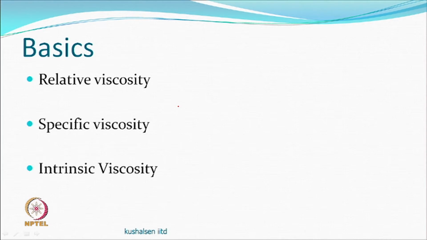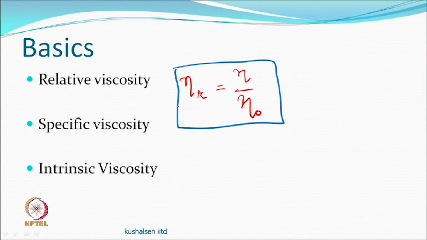So, some terms which you may like to revise. One is called relative viscosity. The relative viscosity means that you have a solvent, let us say in our case it was water, and then you have a polymer, or it could be any solute for that matter, or any other thing which you are dissolving.